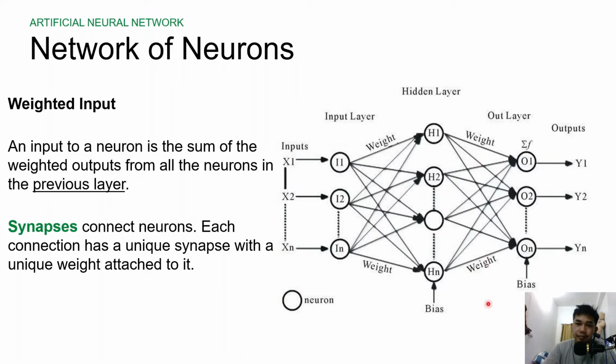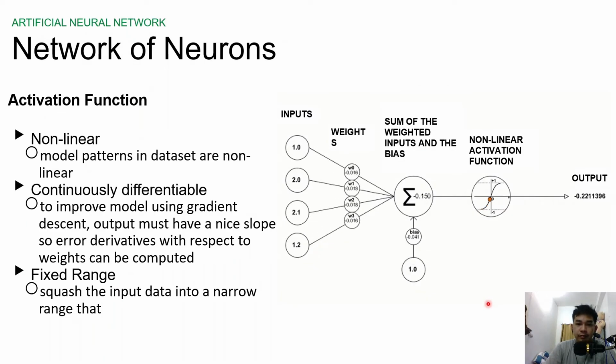Okay. So we have here inputs, then with the corresponding weights, then the sum of the weighted inputs and the bias with the nonlinear activation functions, and then the output.